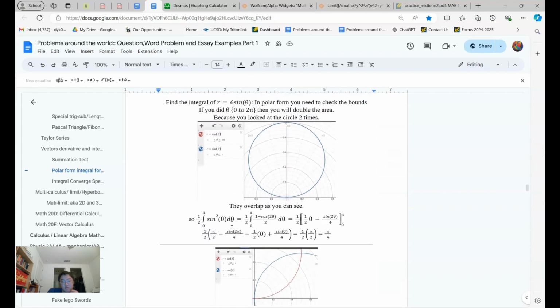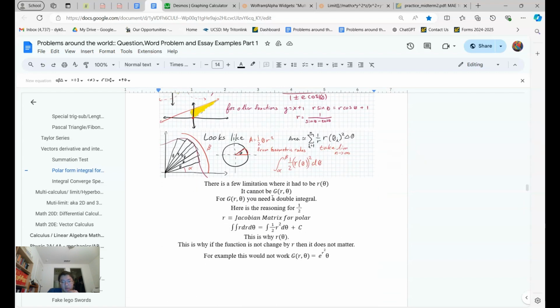Polar form: the area here is actually just half r squared, and I actually kind of proved why that's true. If you don't have a function g of r and theta, and just have an equation with r and theta, you don't really need the g of r theta.